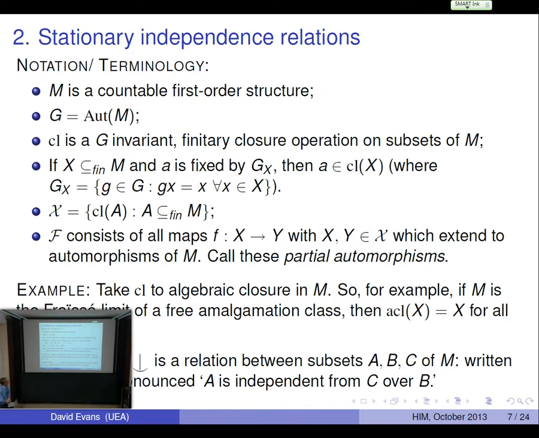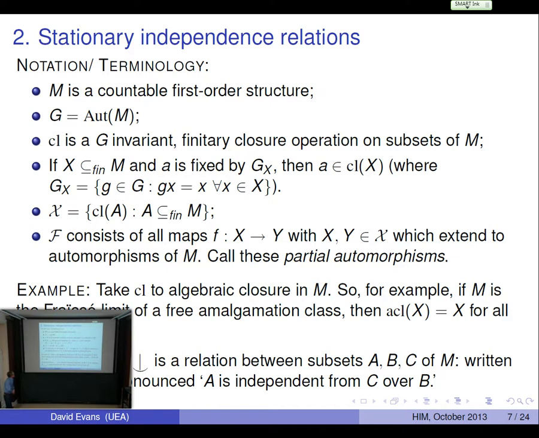That's a decent closure operation. This is even interesting if the closure of X is equal to X for every X. I mean, the framework is still going to be interesting in that case. So if you're uncomfortable with this closure operation, just imagine that it doesn't really do very much. So, for example, if M was the Fraïssé limit of a free amalgamation class, then the algebraic closure would be trivial in this sense.